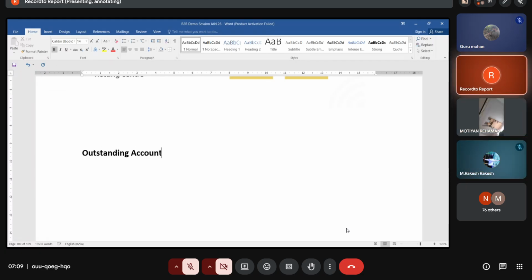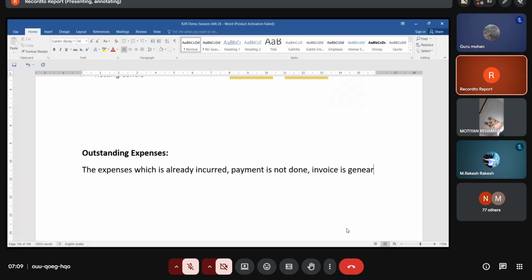Outstanding expenses. See, outstanding expenses is nothing but the expenses which are already incurred, payment is not done, and invoice is generated, and the payment due date has crossed.